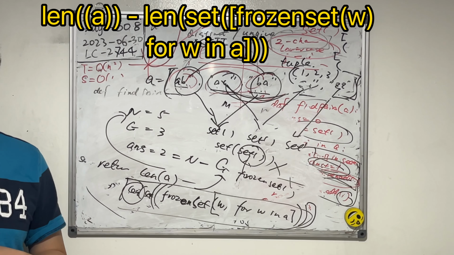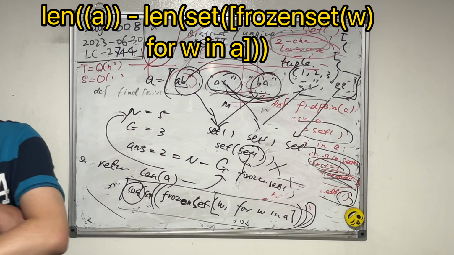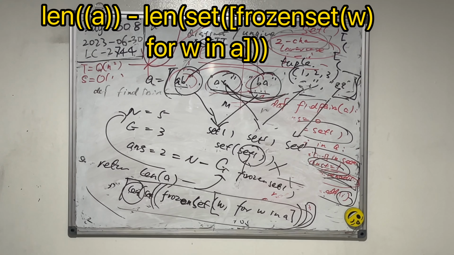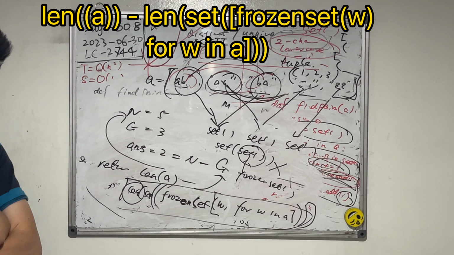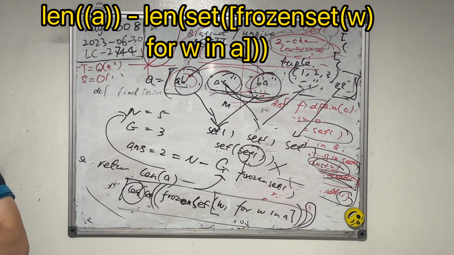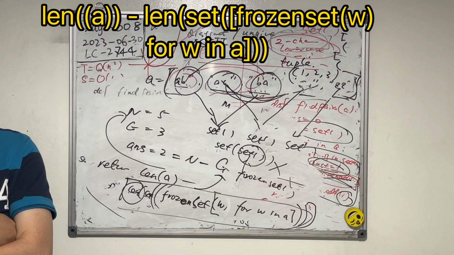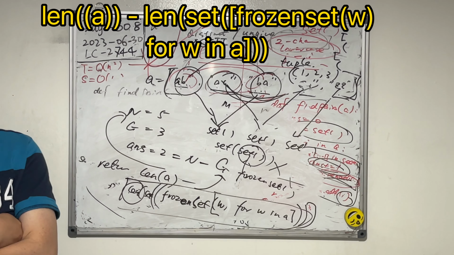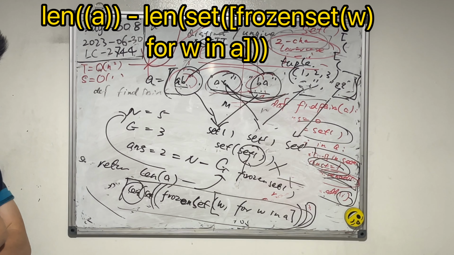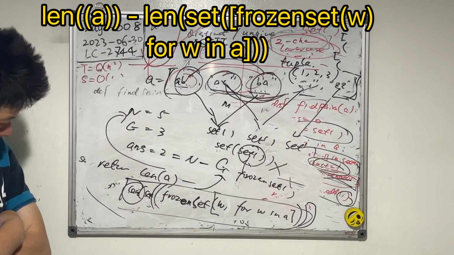And we have n, which is the amount of numbers in the array, and we count g, which is the groups, where a pair is one group, and a single is also one. So the answer is the amount of numbers minus the amount of groups.